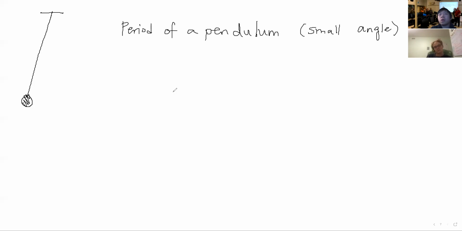Yeah, I said we're going to pretend we do not know it already. So what measurements are typically given with a pendulum?